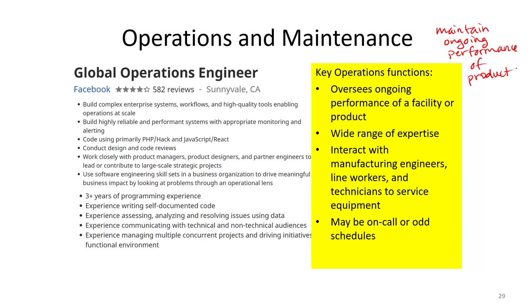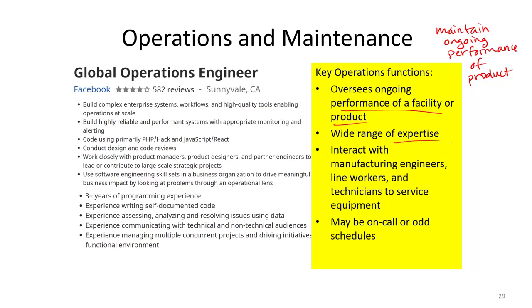So maybe the product has been released for a while, and now it's just up to the operations and maintenance team to make sure everything continues working as expected. So they oversee that ongoing performance, and they make sure the product continues to work after it has been released into the real world.